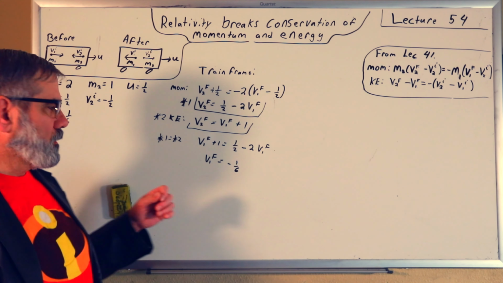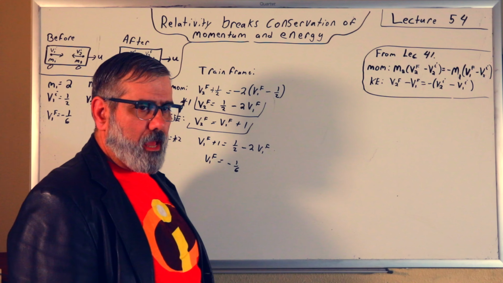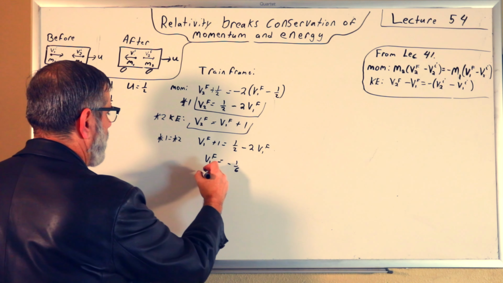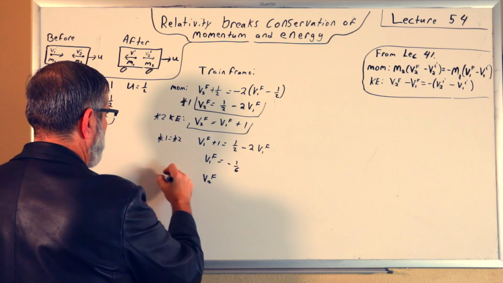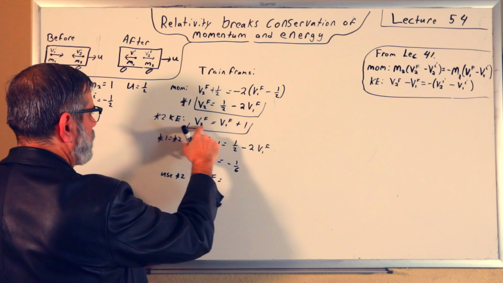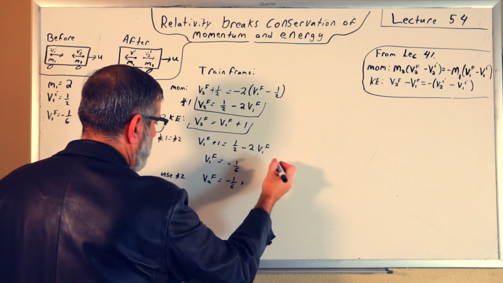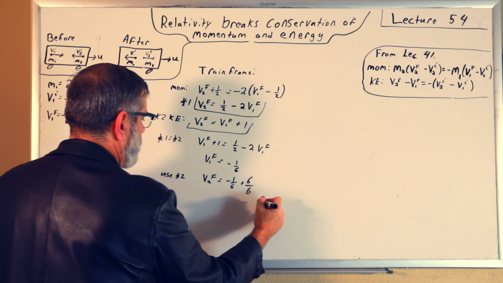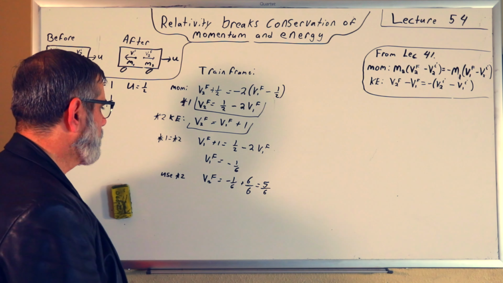So I can write that result into our results table over here. Now that we have V1F, we can use either of these two equations to get what V2F is. So V2F, I'll just use star 2. V2F is equal to V1F, which is minus 1/6, plus 1, but that's really just plus 6/6, which is going to be equal to 5/6.